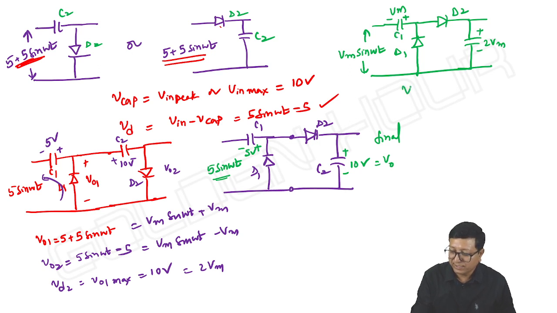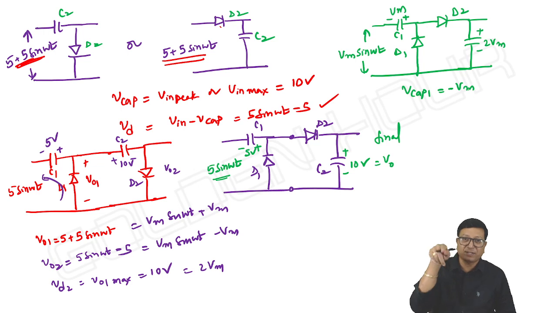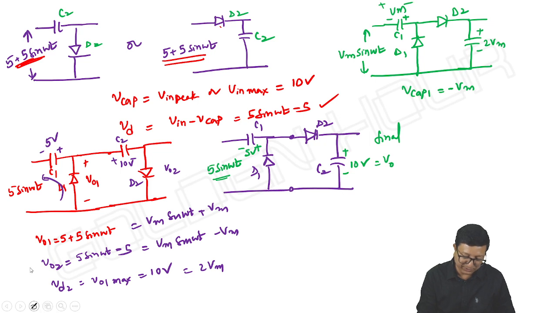Here for C1, I can write V capacitor 1 is equal to minus Vm, because we have a practice of taking the capacitor voltage from top left to right, but it is appearing from right to left.